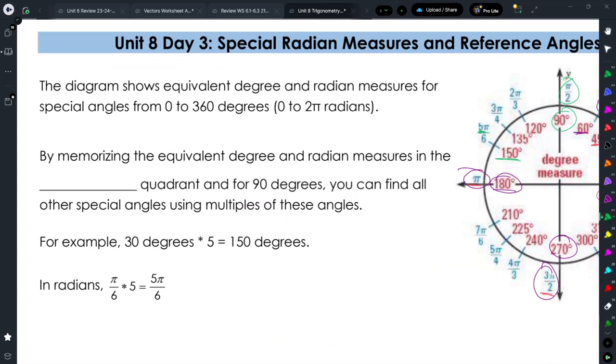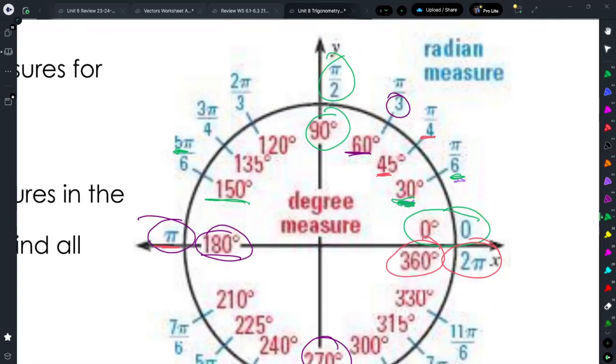If we memorize all the radian measures in the first quadrant, and for 90 degrees, we can find the others by using multiples of those angles. Now you might say, well, what if we did times 2? Why would we multiply by 5? Well, 30 times 2 is 60. We already have that. Pi over 6 times 2 is 2 pi over 6, which reduces to pi over 3. We already have that.